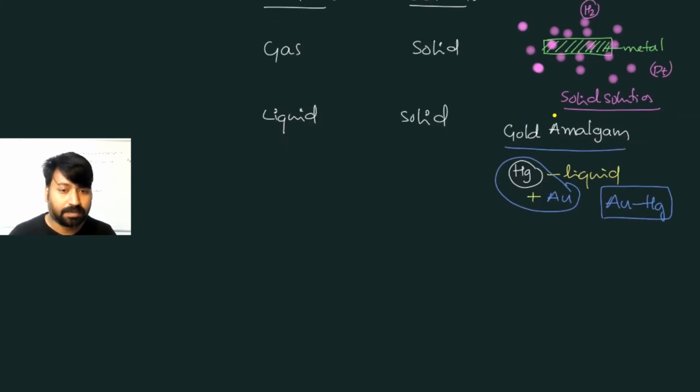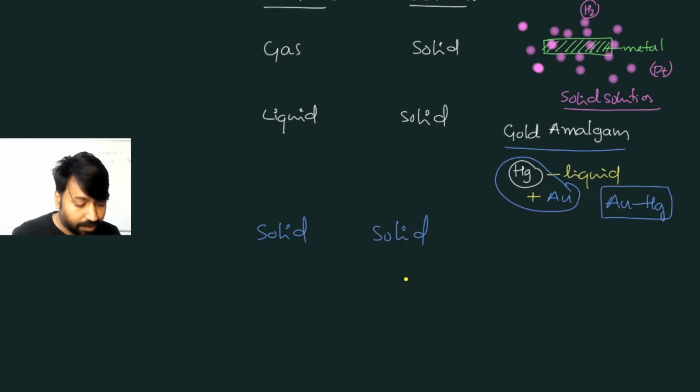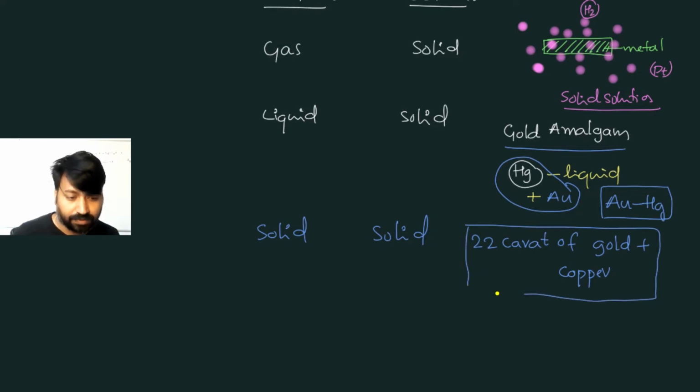Now one more example. We have taken gas and liquid; now we take solid dissolved in solid. You have to take two solid substances and mix them very uniformly, that is, homogeneously. For this, we take 22 carat gold plus copper. Normal gold is actually very soft, and if you make any ornament with it, it easily changes its shape.